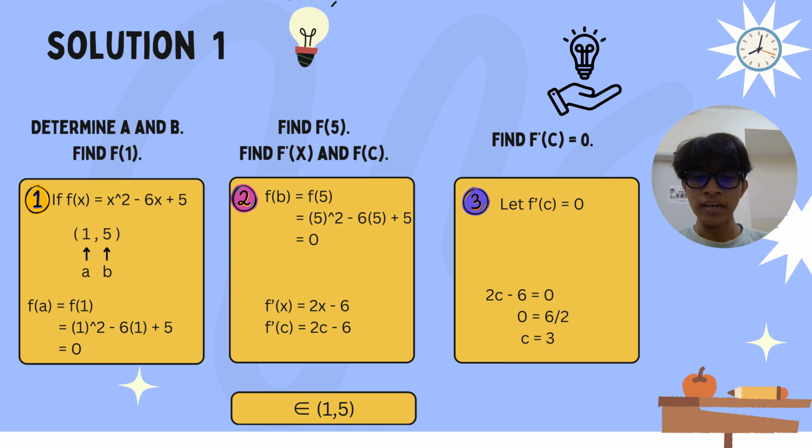So we take f prime c, which is 2c minus 6, and equate it to 0. So it will be 2c minus 6 equals 0. So we can get the value of c. It will be c equals 3. The c equals 3 is an element of (1, 5). That's all.